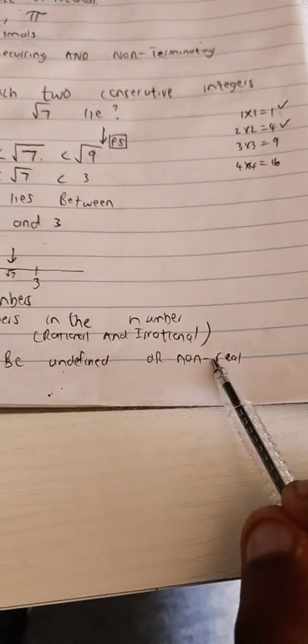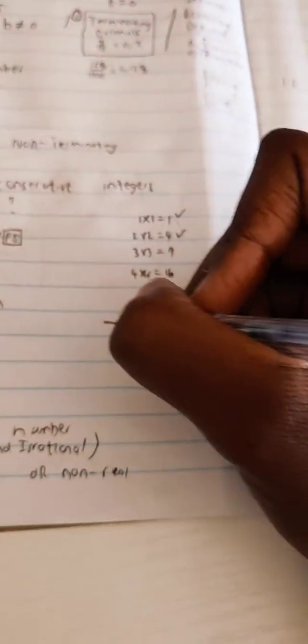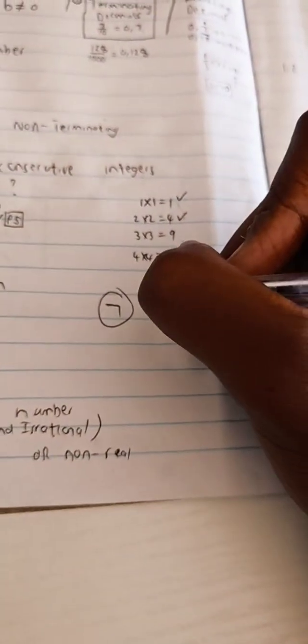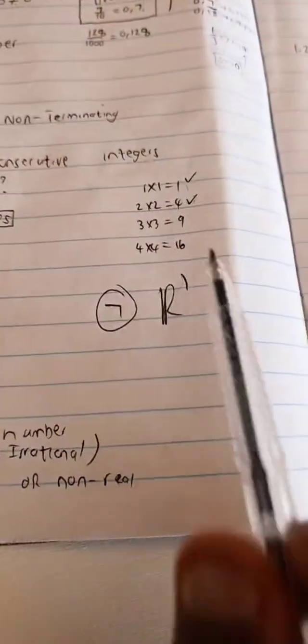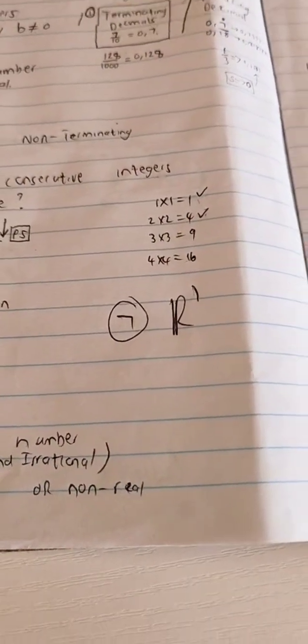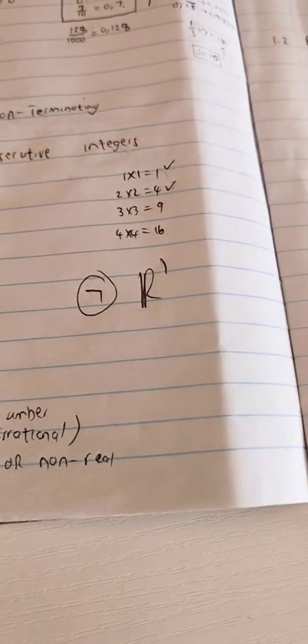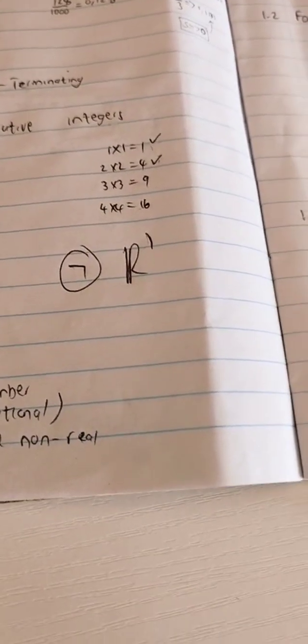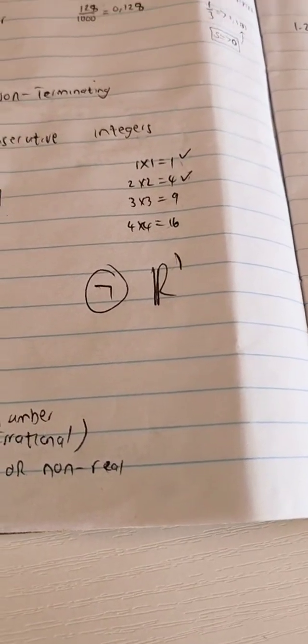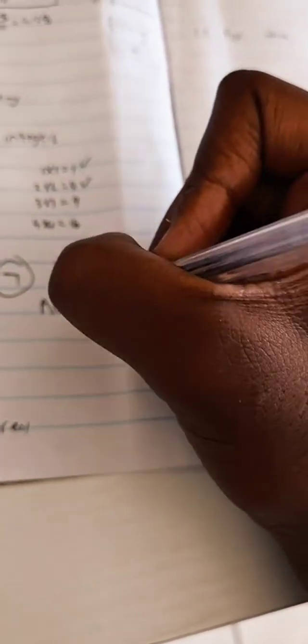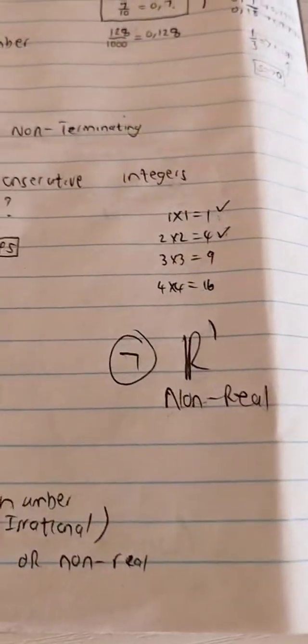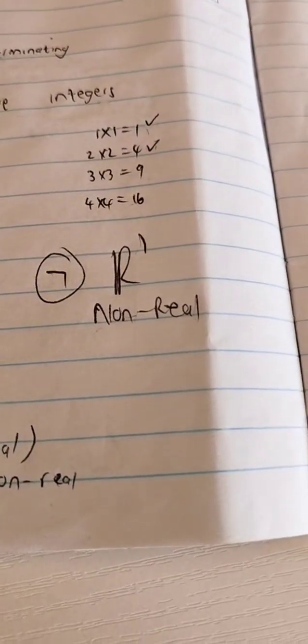Non-real is a negative number inside an even root. Then the last symbol is this one. What does this symbol mean? Thank you, Dinswala. Non-real.